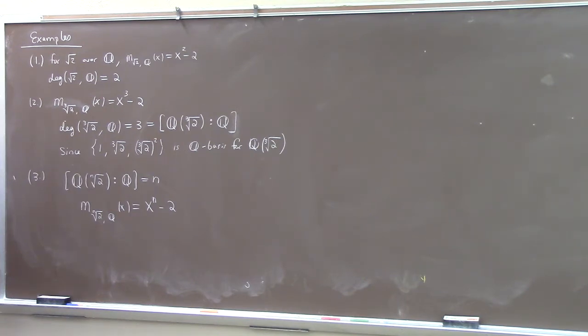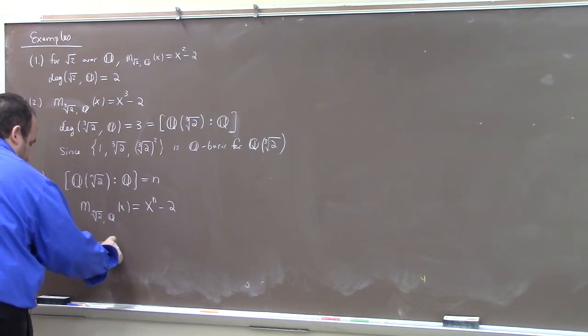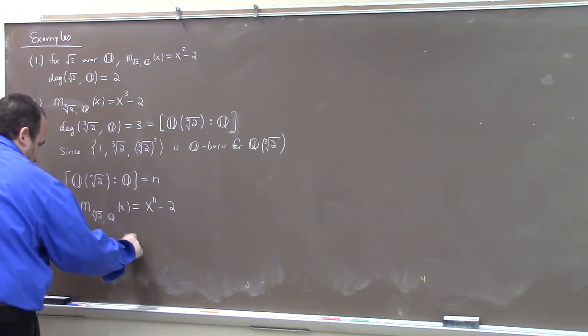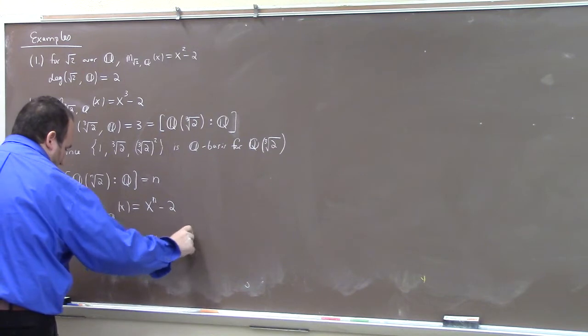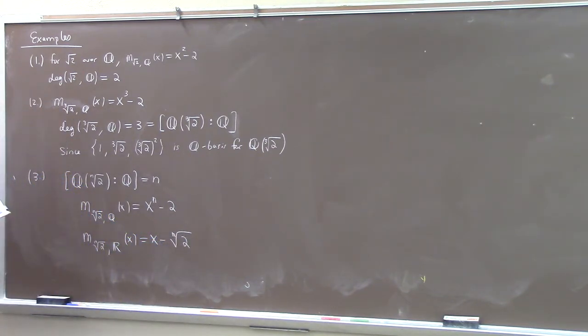But in contrast, the minimal polynomial of the nth root of 2 with respect to the reals is just x minus the nth root of 2, right? Because the nth root of 2 is a real number, and that first order polynomial takes it as its zero. And by the way, again, as an example of corollary 11, x minus the nth root of 2 divides x to the n minus 2, that's a factor of that.